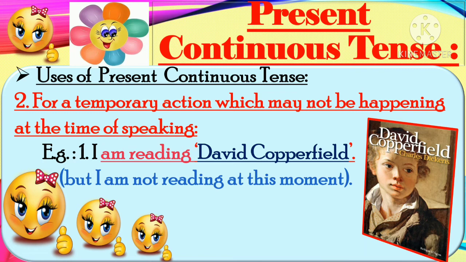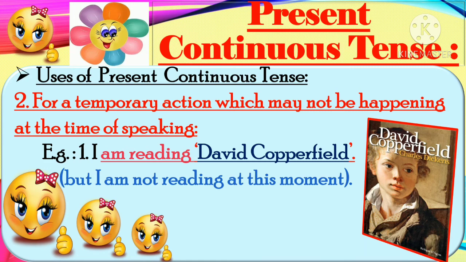I am learning music, but not at the time of speaking. I am not doing that action at the time of speaking. For example, I am learning dance. I am learning this activity, but I am not doing it at the time of speaking.